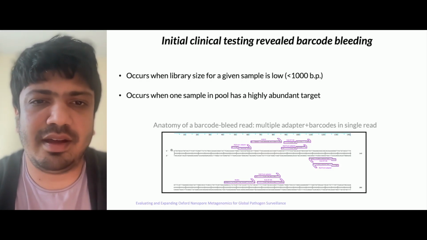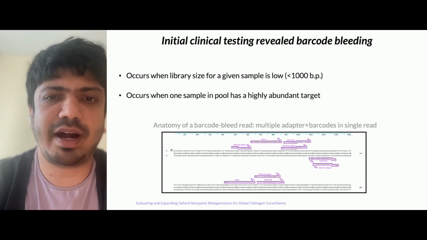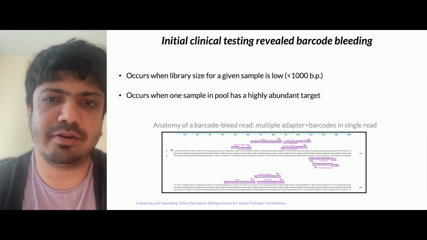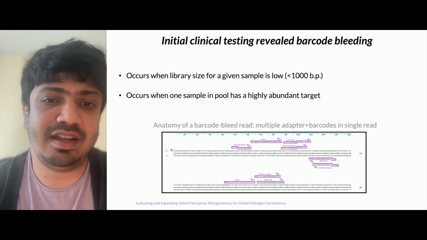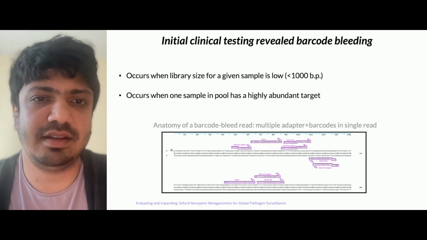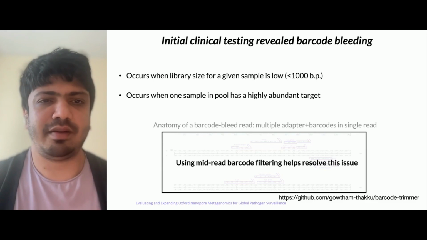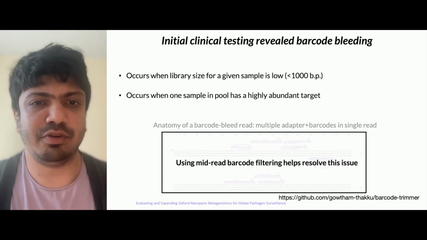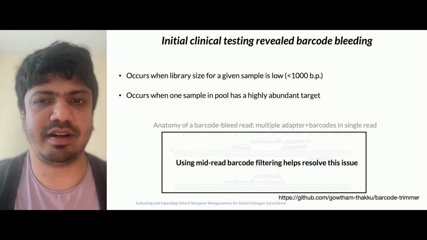There were reads that had essentially two barcodes in them, and the outer barcode was being used for assignment, where in reality we would want to throw away a read like this. Using a filtering step where we remove these mid-read barcodes has really helped resolve this issue.